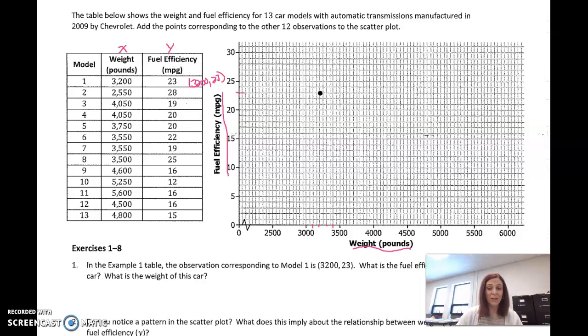I'm going to put these points in, and I want you to do the same. I'll do one with you, and then I'm going to hit pause, and I want you to hit pause and figure out the points, because it's going to take some work to get these in, especially with all these little lines. Let's do one more: 2,550 and 28. 2,550 is at this line right here, and 28, here's 25, 26, 27, 28.